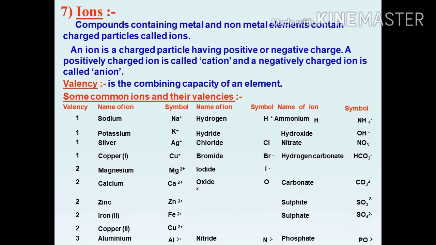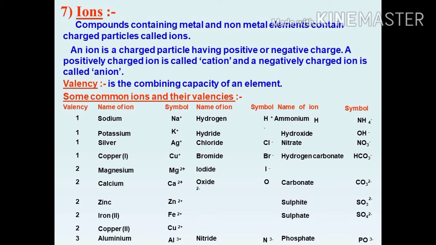Today we have to discuss ions. What is an ion? The compounds composed of metals and non-metals contain charged particles. The charged species are known as ions. The metallic elements and non-metallic elements which contain charged particles, that is known as an ion.